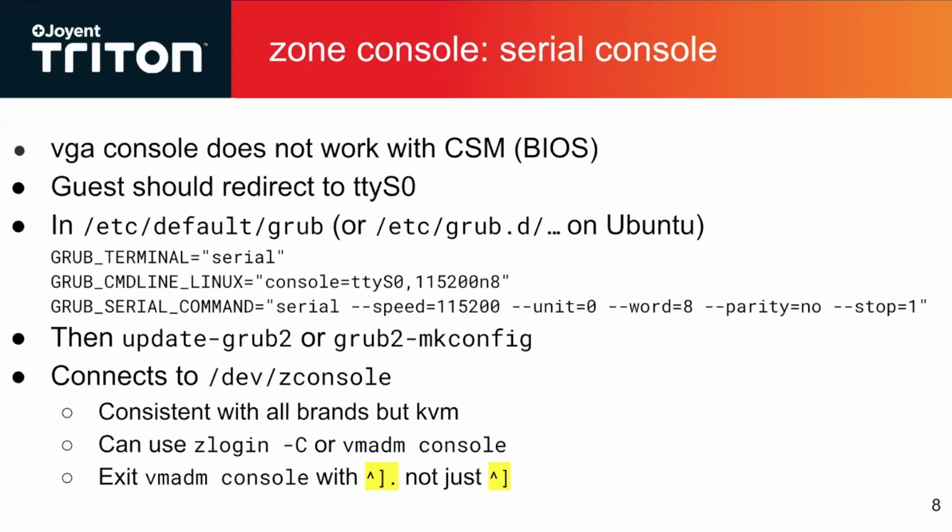And so the console is connected by Bhyve to the /dev/zcons console in the zone that Bhyve is running in. So that makes it so that the zone console for Bhyve works just like all other brands, except for KVM. KVM does something special and makes it so it doesn't work with zlogin -C.